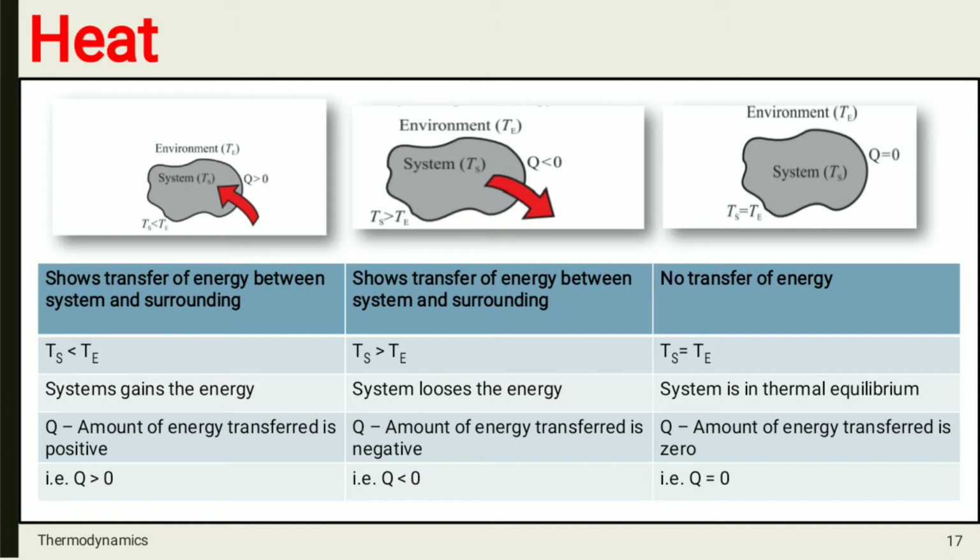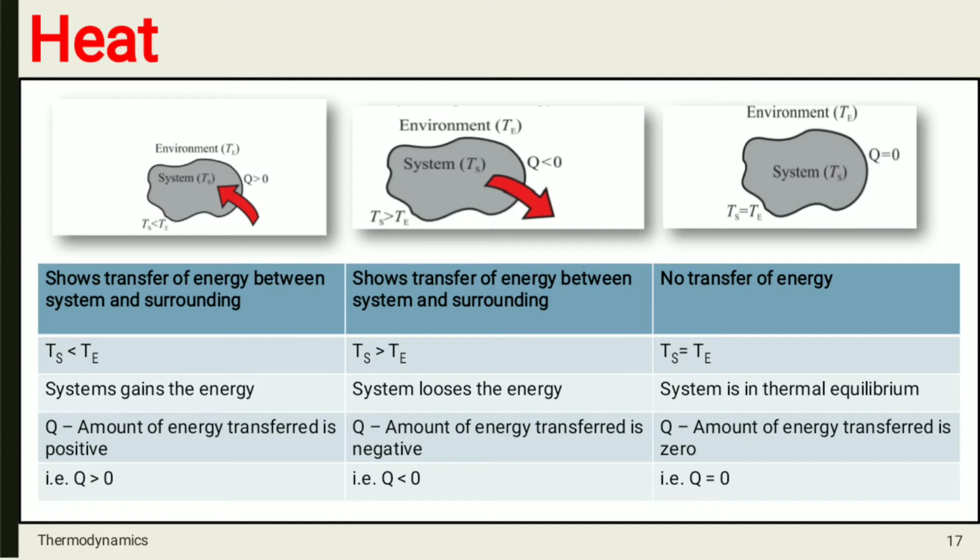So in this case system gains the energy from surrounding. Here Q is the amount of energy transferred from environment to the system. In this case, we can consider this Q as a positive value, that is Q is greater than 0.